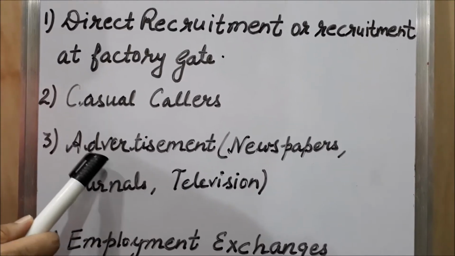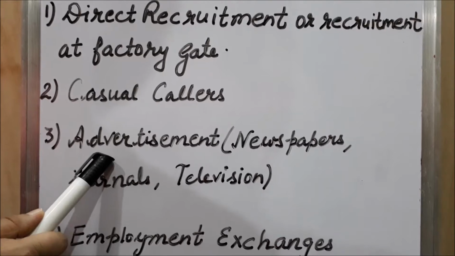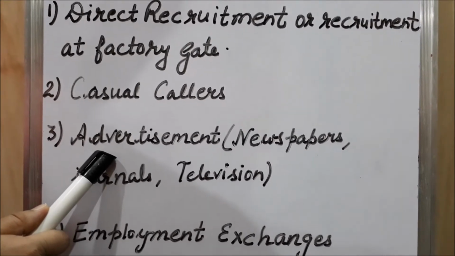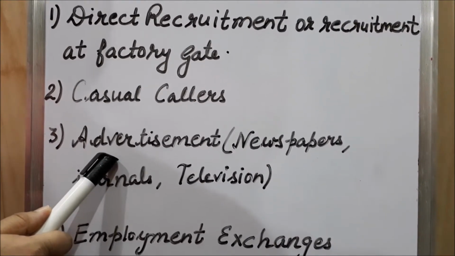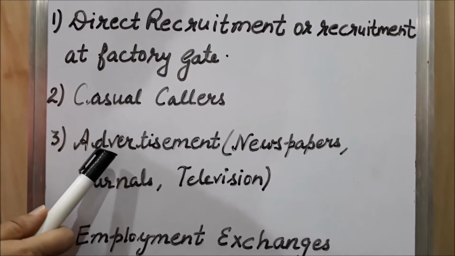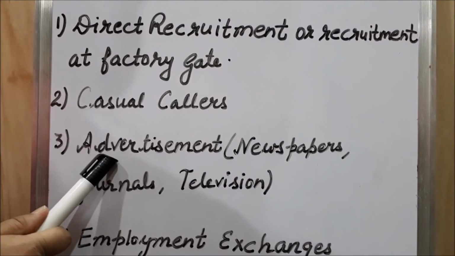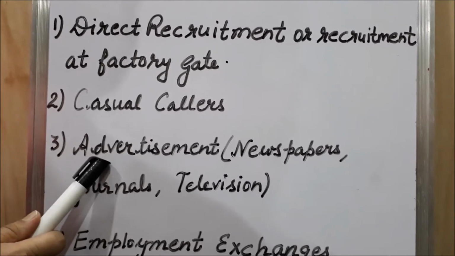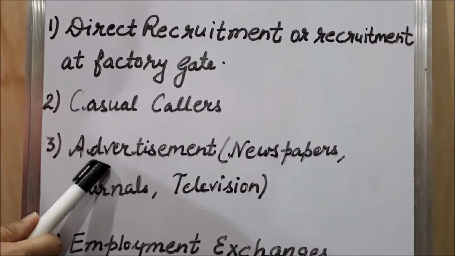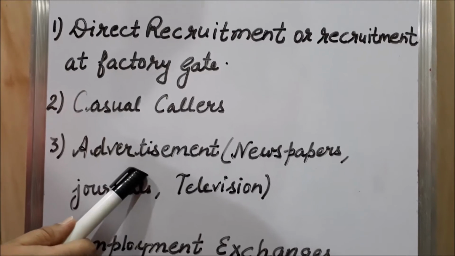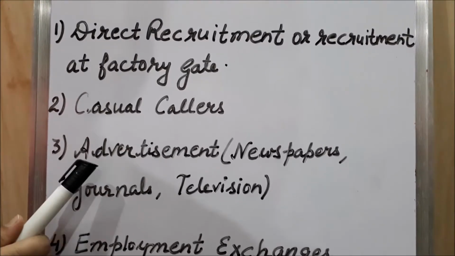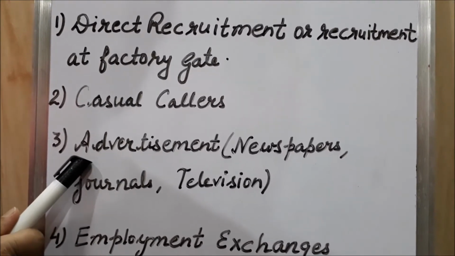Candidates come to know about the information and they can apply for the job in the organization. So the benefit is that more information can be supplied to the candidates, as well as more people apply through advertisement. So this is a very common method which is used generally nowadays.